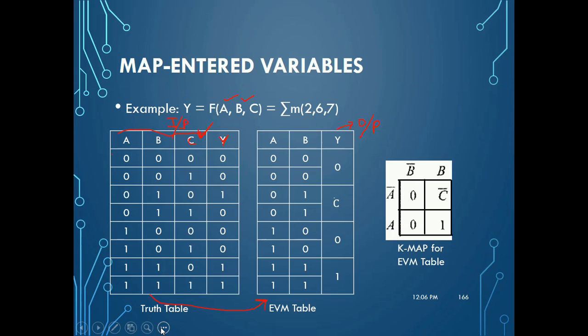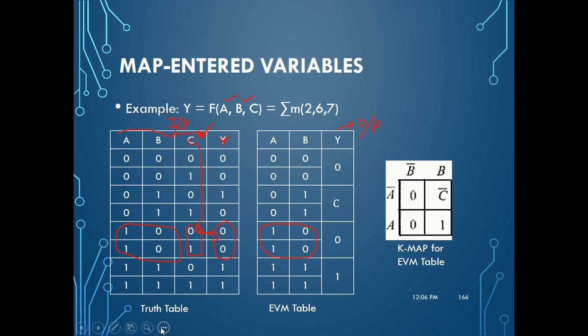Okay. Next, let us see one more thing. I am going to take this into consideration. So same A B variable has got 1 and 0 values, and here if you are seeing the output Y, it is 0. So anything C input may be, 0 or 1, it doesn't matter.